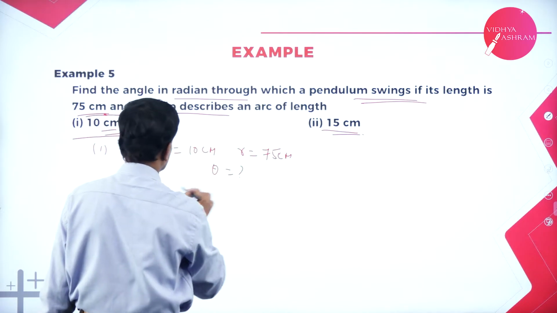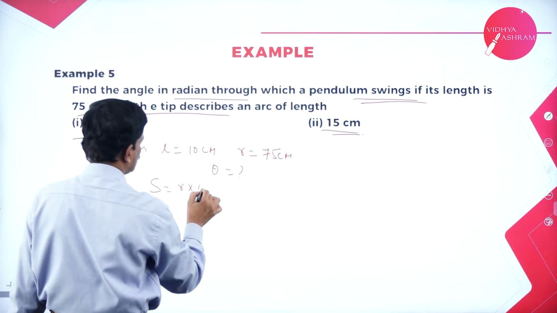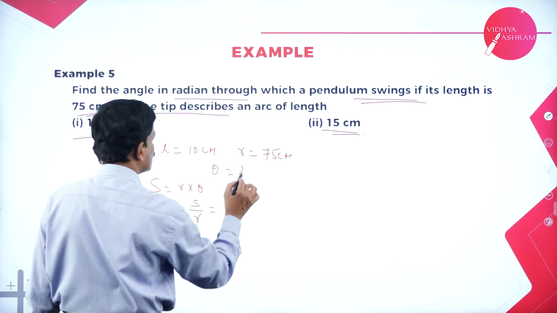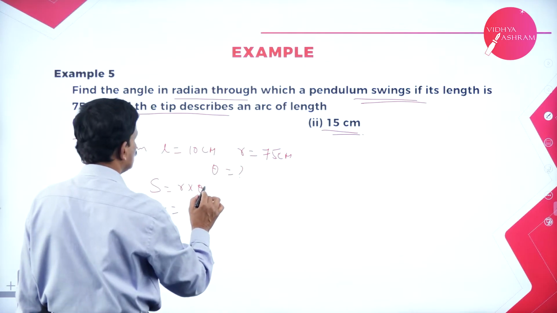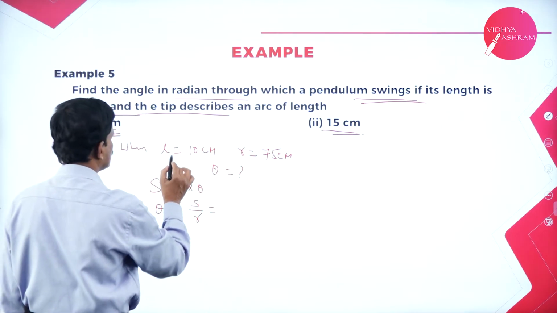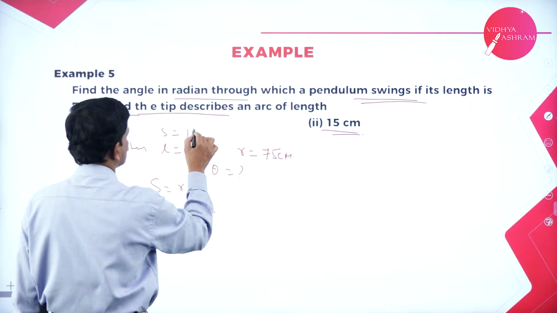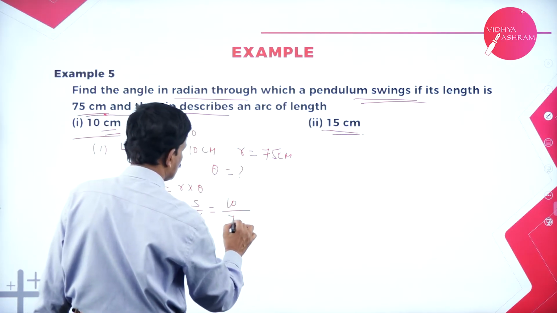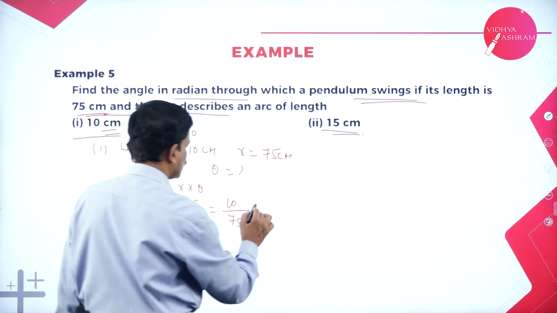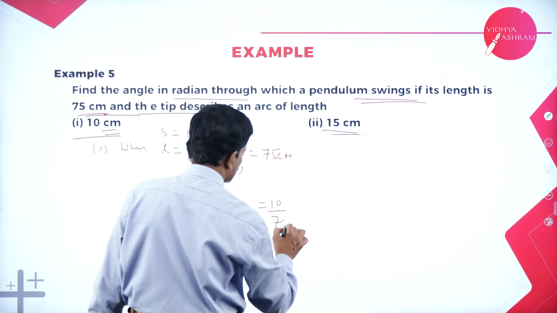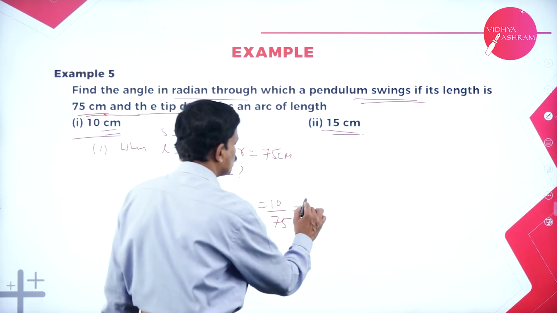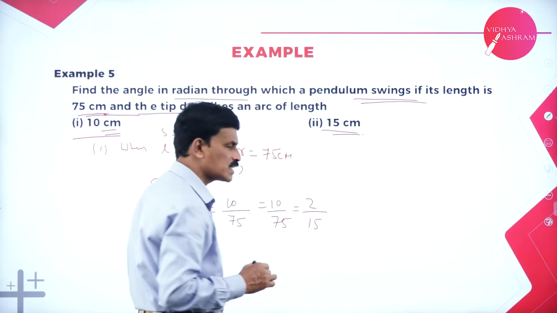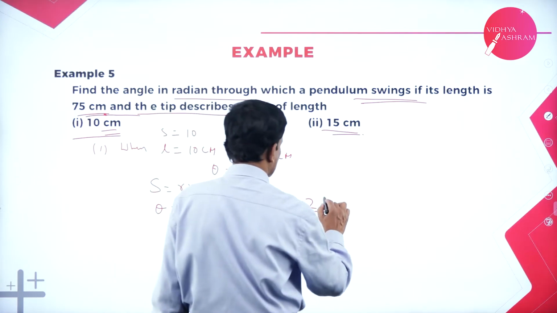S is equal to R into theta, so theta is equal to S by R. S is nothing but L, so S is 10 divided by R, which is 75. 10 divided by 75, 5 15s are 75, gives 2 by 15 radians.